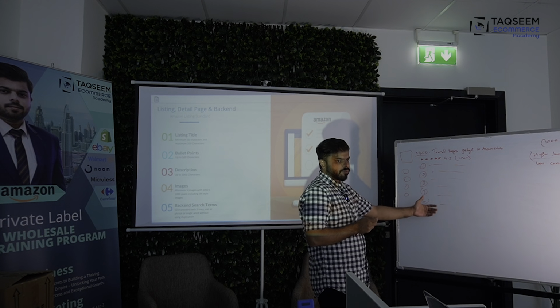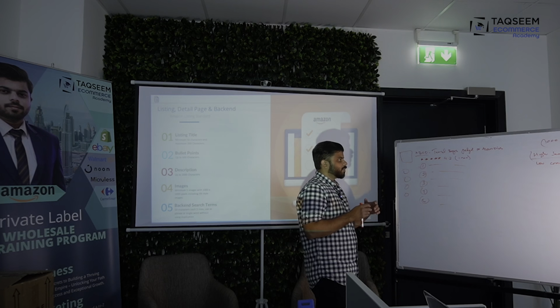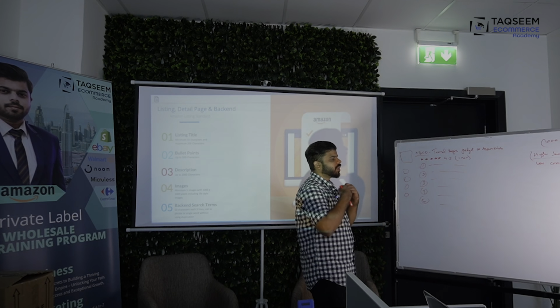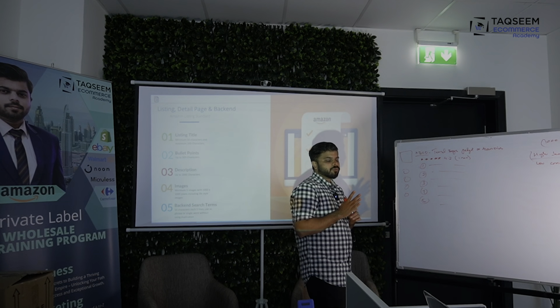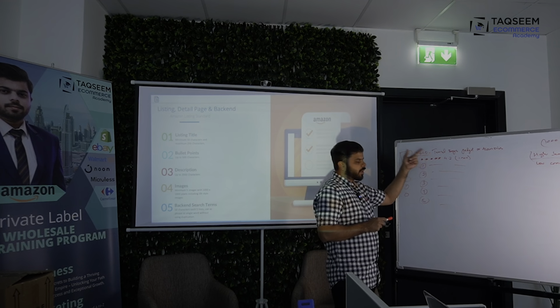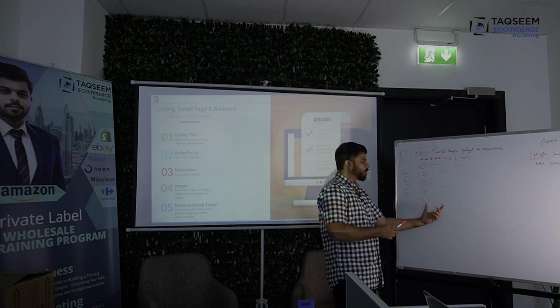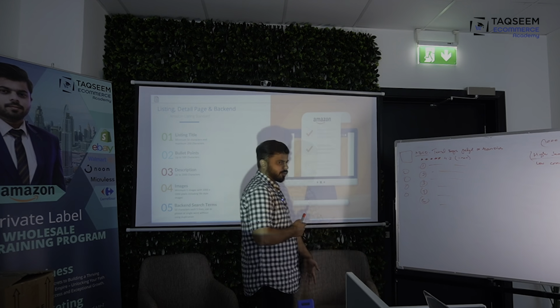I'm repeating the keywords, but not keyword stuffing. It doesn't mean that we have to add them everywhere. We have to add them in a decent way. Let's say we add one primary keyword here, and one primary in a different form here and in the description.